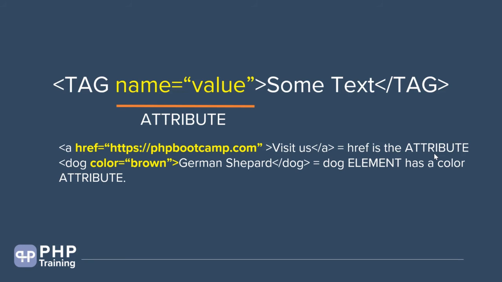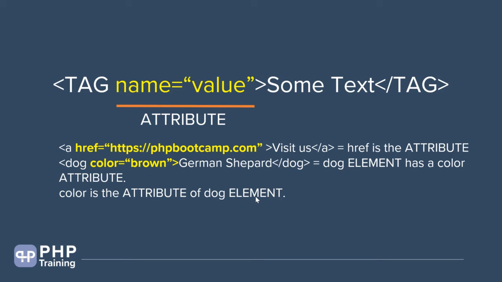Okay, take one more example. I'm just using a dog as an example, but dog is not a tag in HTML; I'm just giving an example to understand the concept of attribute. If a dog element has something called a color attribute, the color value is brown and the value of that dog is German Shepherd, how do you read and understand this? The dog element has a color attribute, and color is the attribute of the dog element.